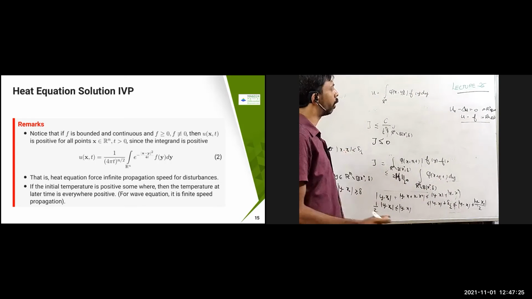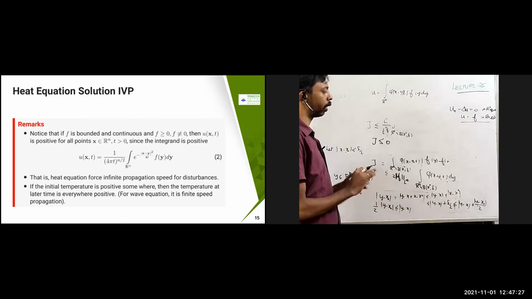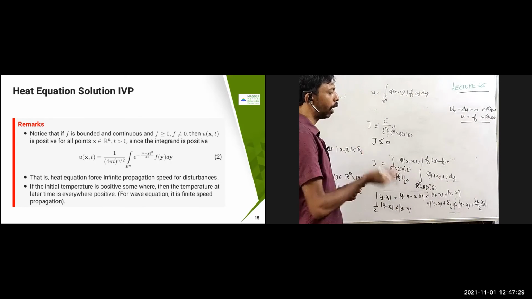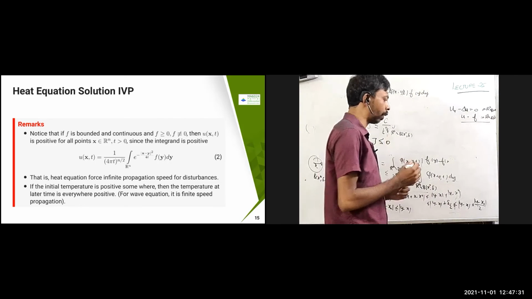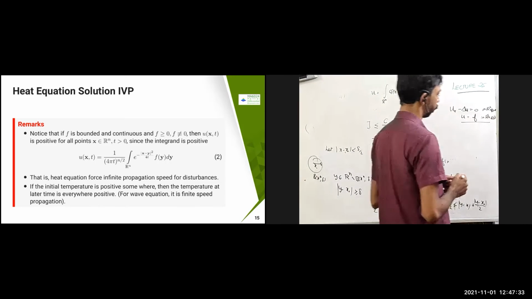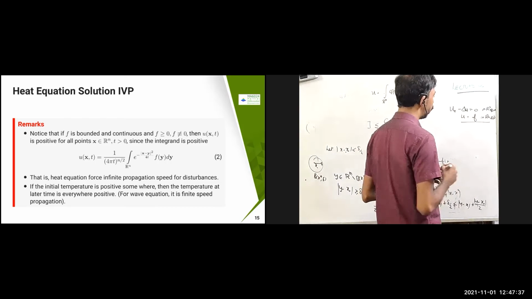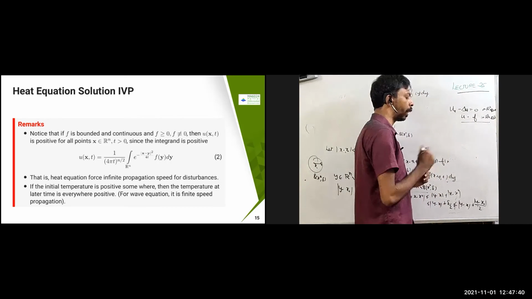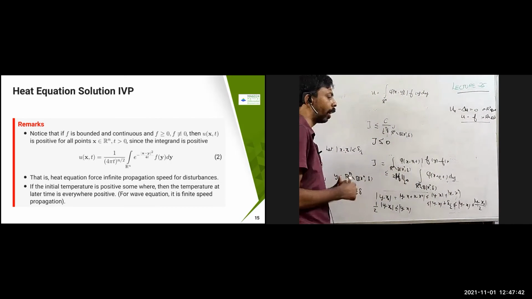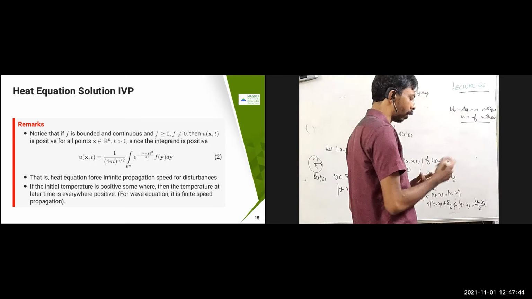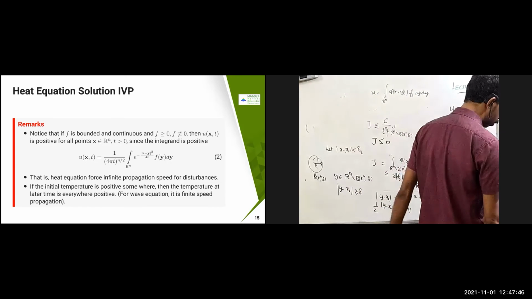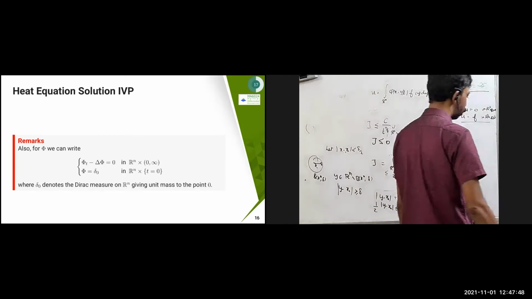That is what it says. Whereas in the case of the wave equation, it is different. It has finite speed propagation. Here it has infinite speed propagation, whereas in the wave equation, as we discussed, it has finite speed propagation.